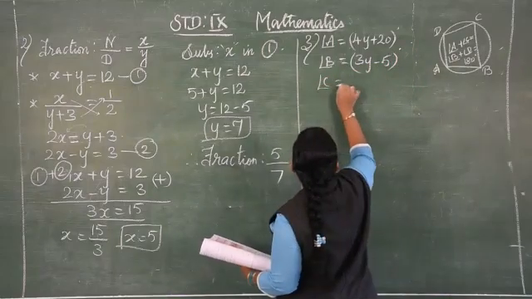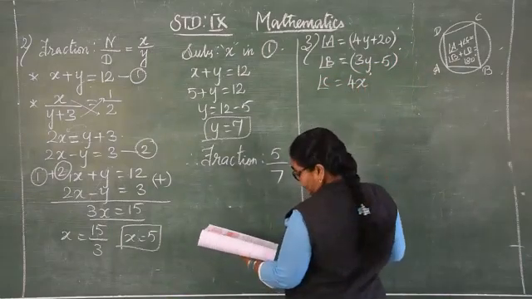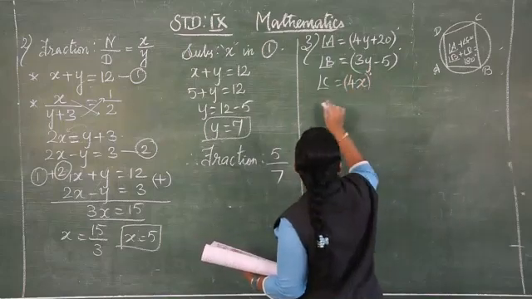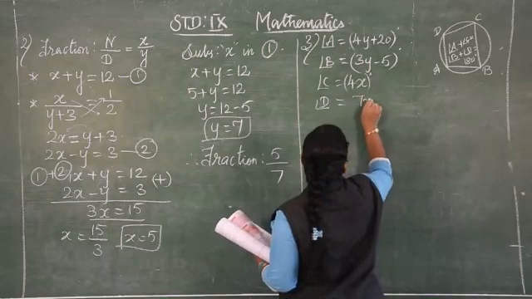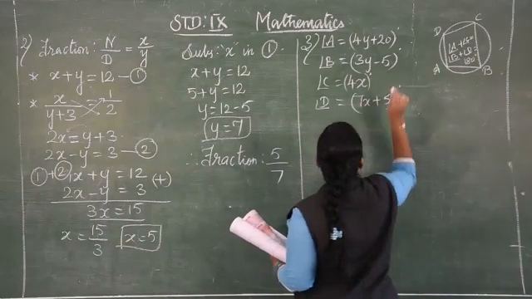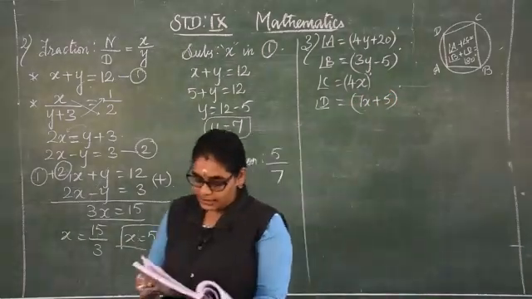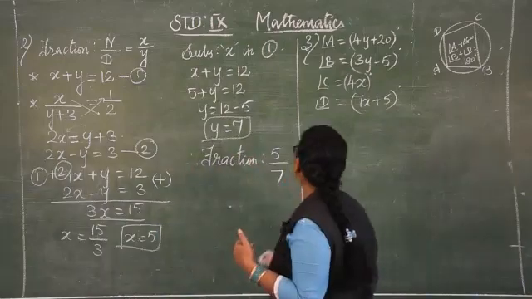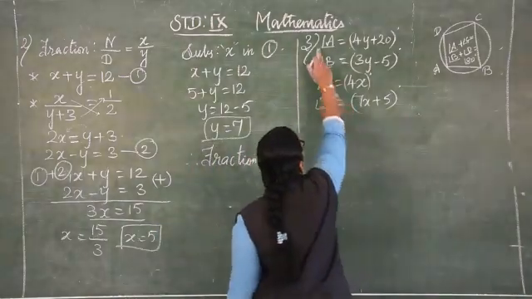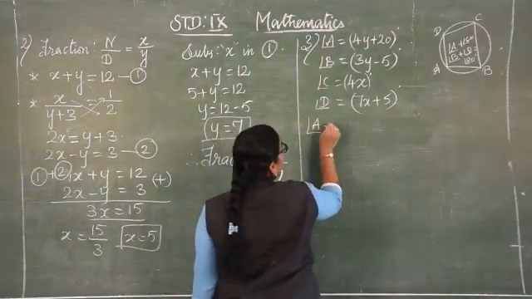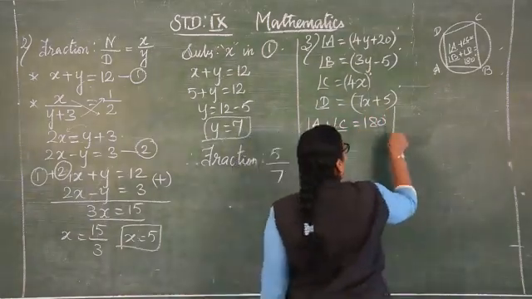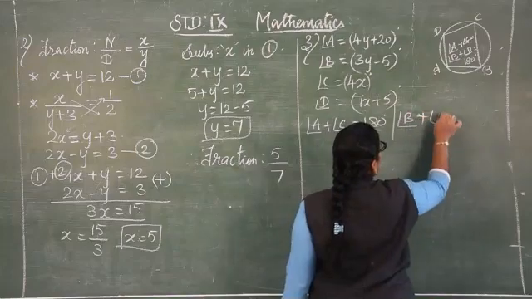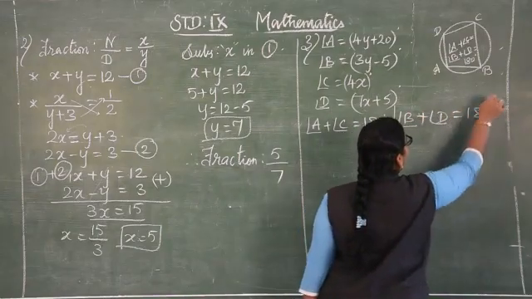Measure of angle C is equal to 4x degrees, and like this, measure of angle D is equal to 7x plus 5 degrees. Find all the angles, all the 4 angles. This is the question. So we know the condition: measure of angle A plus measure of angle C is equal to 180 degrees. Again, measure of angle B plus measure of angle D is equal to 180 degrees.